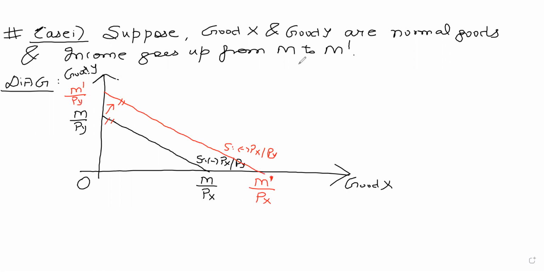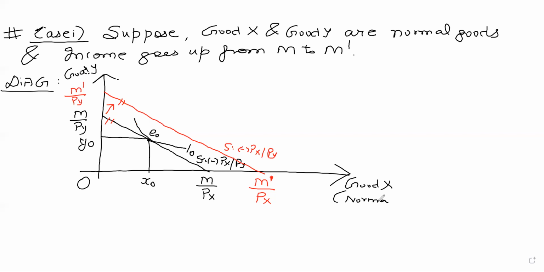Now guys, what will happen to the optimal choice? Suppose on the initial budget line, I was consuming at this point. Suppose this was my initial equilibrium E0 and we were on the indifference curve I0 and our consumption was X0 amount of good X and Y0 amount of good Y. Now guys, when your income has gone up, both good X and good Y are normal.